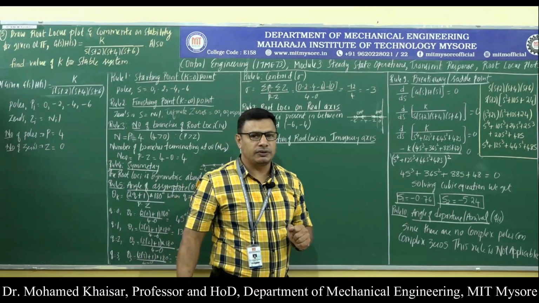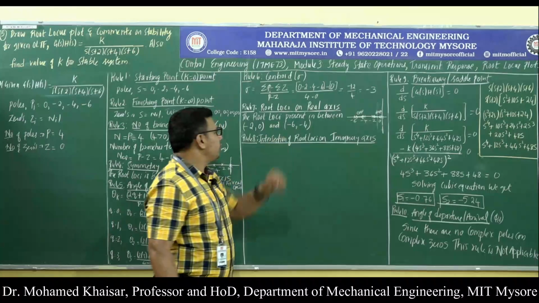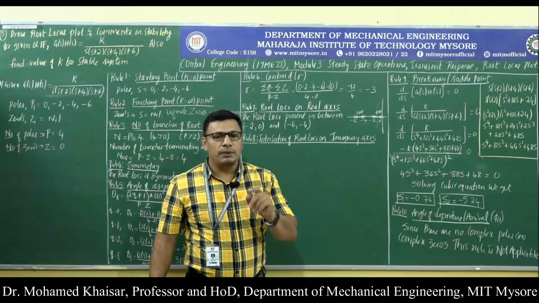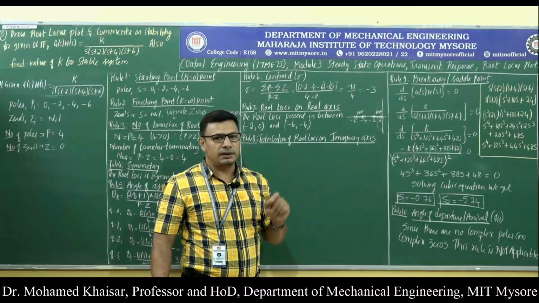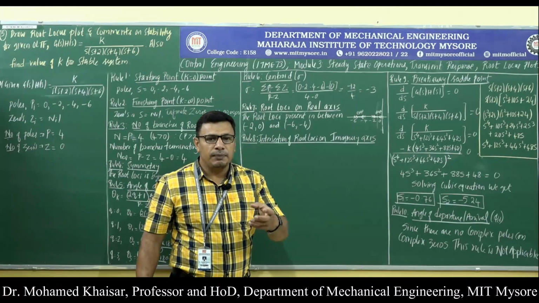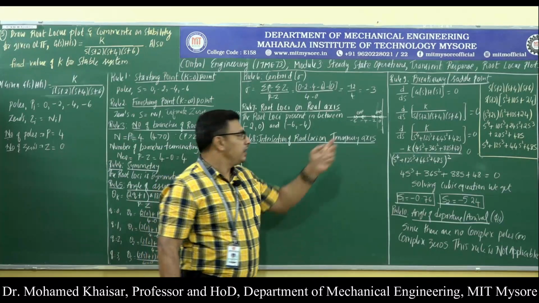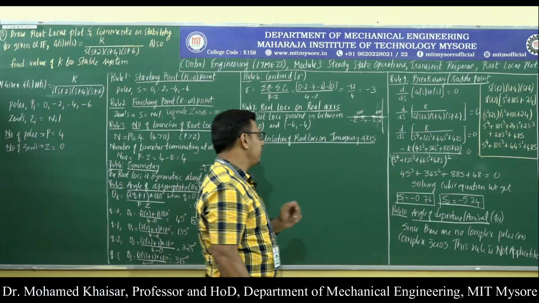So 2 inferences you can draw from this rule, root loci on real axis. One is that rule number 9, the breakaway point or saddle point rule, is applicable. And the second inference is where the breakaway point or saddle point is going to exist.